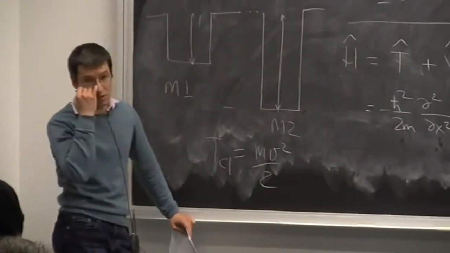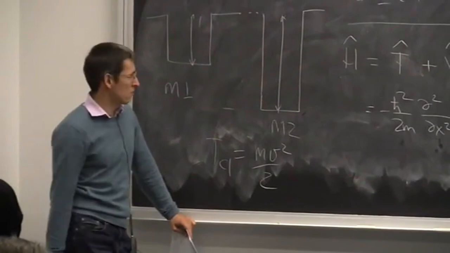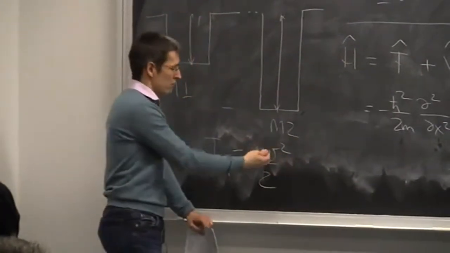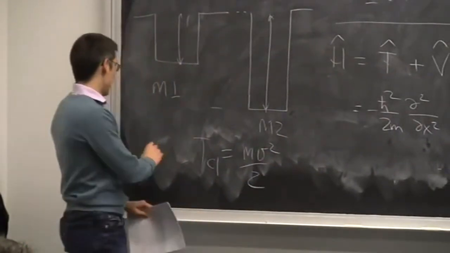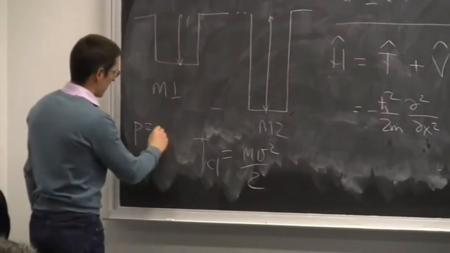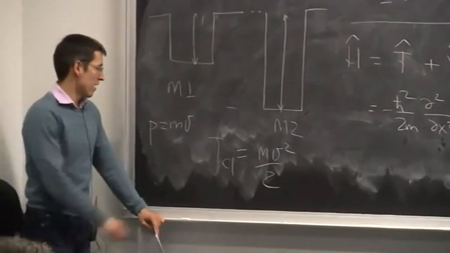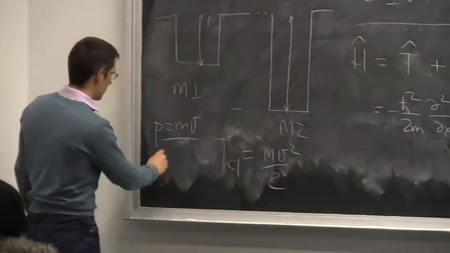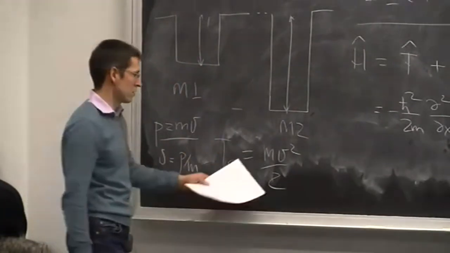You probably didn't study Hamilton formalism, but just believe me on that. It's more convenient to work not with velocities, but with momenta. We all know the momentum of the particle in the simple case is just mv, so we can substitute v by p divided by m in this expression.